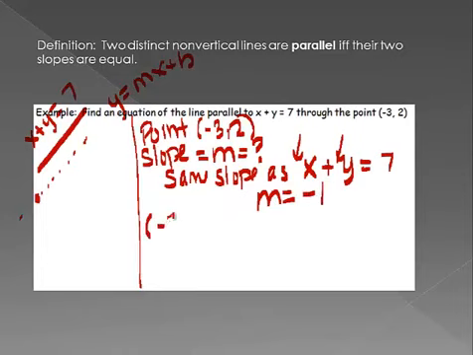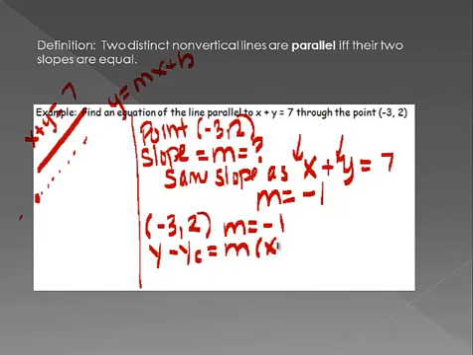So I'm going to use the point negative 3, 2 and the slope of negative 1. I'm going to pick my method. And again, if you don't want to do this, that's fine. Go through and use your y equals mx plus b. I'm going to go y minus the y coordinate, 2. My slope is negative 1. X minus the x coordinate is negative 3.